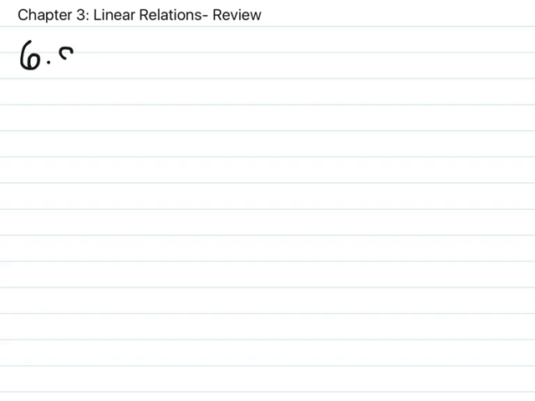So for 6a, it wants to know which lines have a positive slope. So knowing the equation y equals mx plus b, they're asking for a positive slope. So they're looking for the m value to be positive.